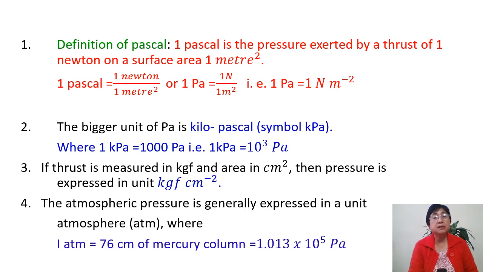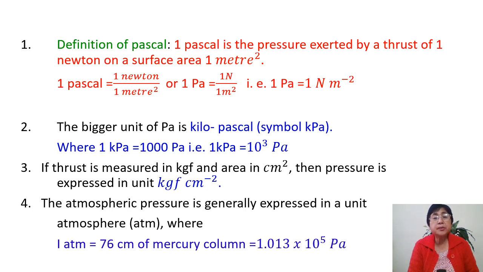Remember, pressure is force by area. So 1 Pascal is a unit of pressure. Not on 1 meter, it's area, so meter square. So we have 1 Pascal equals 1 Newton by 1 meter square. Or symbolically, 1 Pa is equal to 1 Newton by 1 meter square.